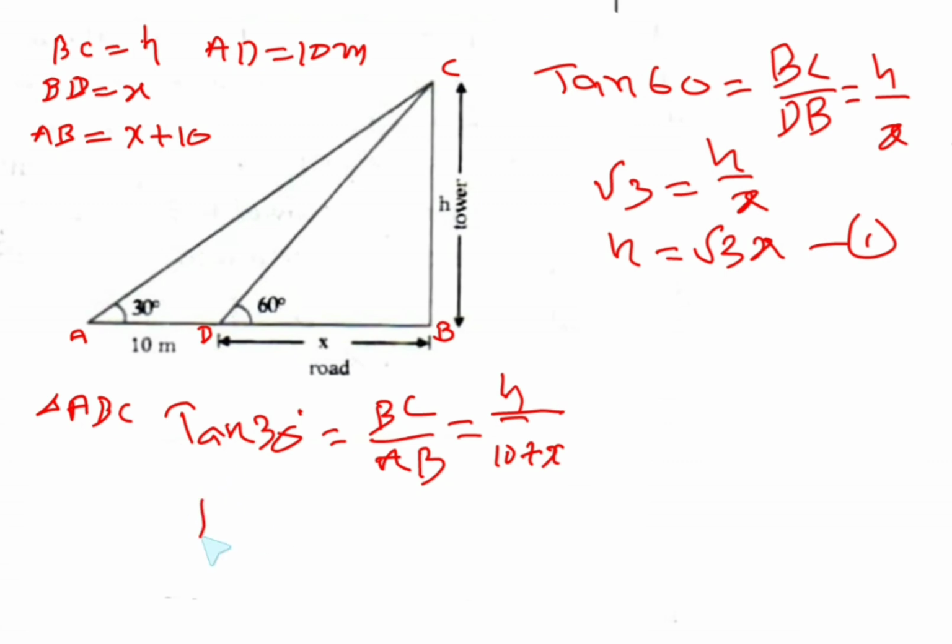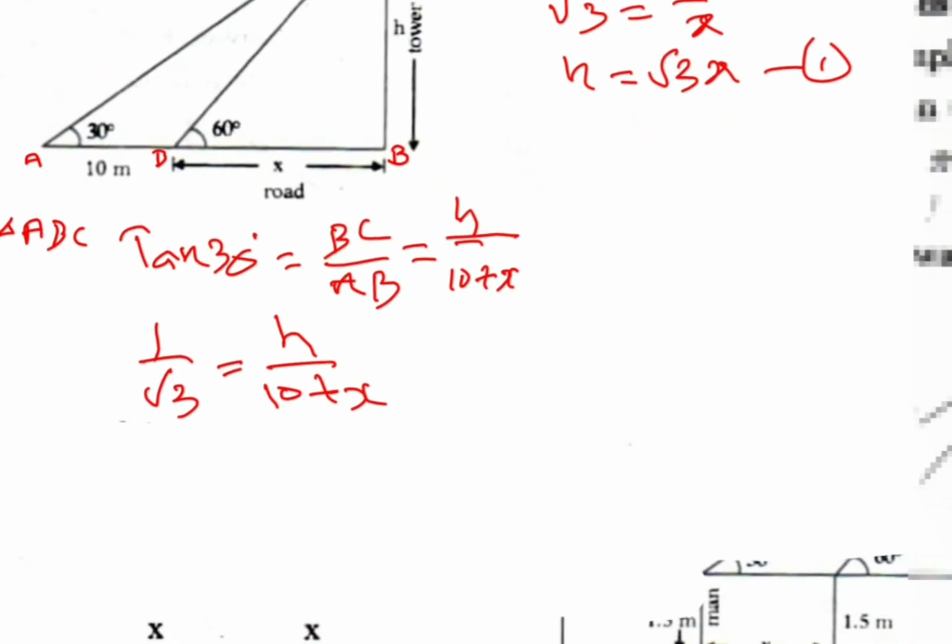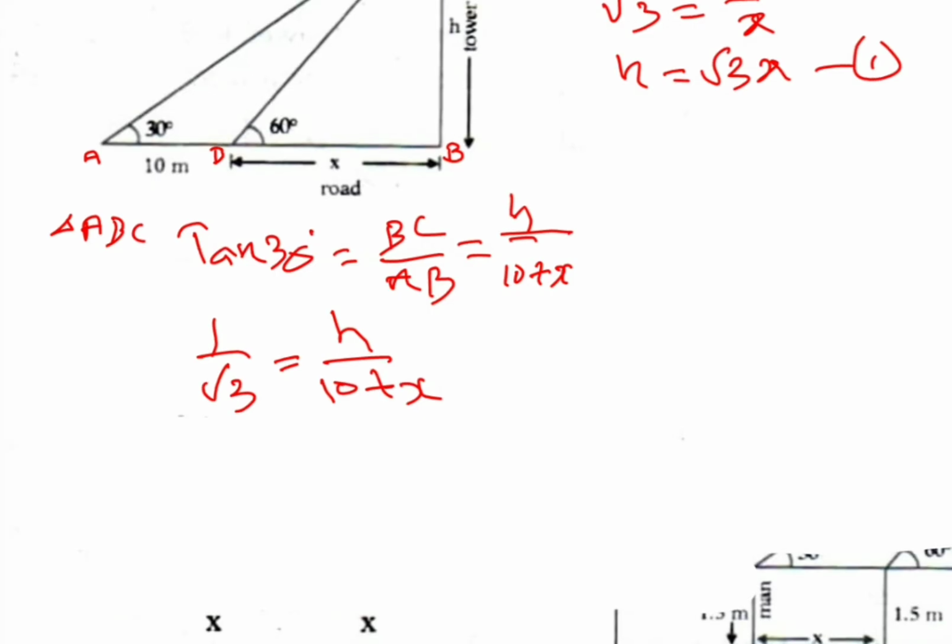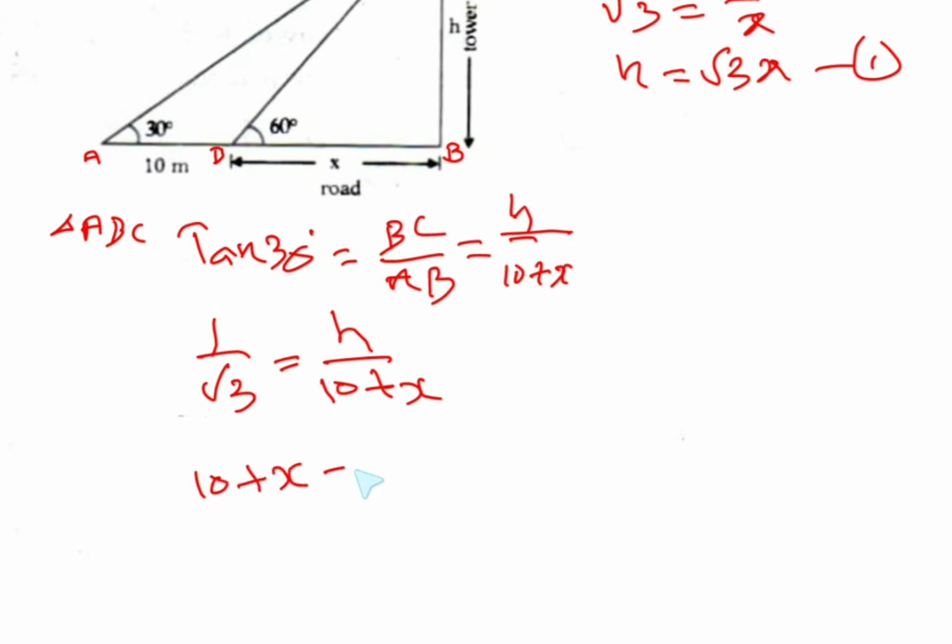Tan 30, we know, is 1 by root 3, equal to h by 10 plus x. Cross multiplying, 10 plus x is equal to root 3 h.